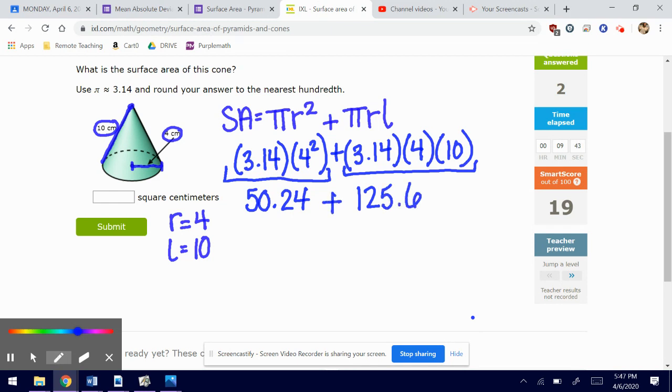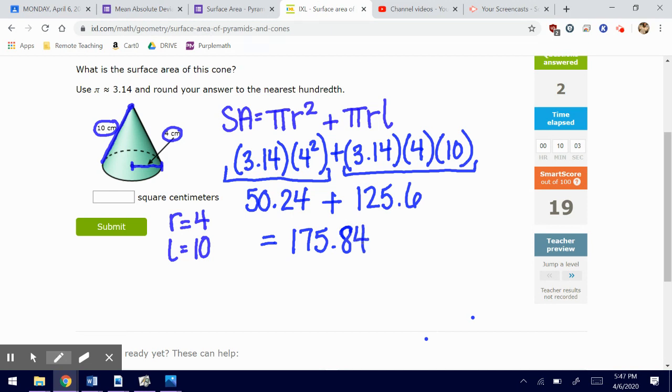And then I'm going to add these two together, 50.24 plus 125.6. I'm trying to be extra careful. So my total surface area is going to be 175.84.